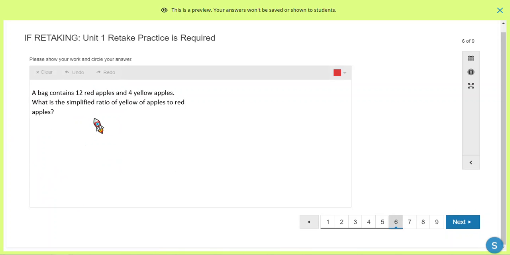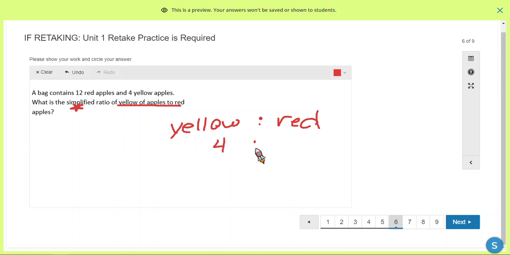Number 6, a bag contains 12 red apples and 4 yellow apples. What is the simplified ratio of yellow to red? So I'm going to compare yellow to red apples. There are 4 yellow apples to 12 red apples. Remember, yellow comes first. That means I have to write it first.